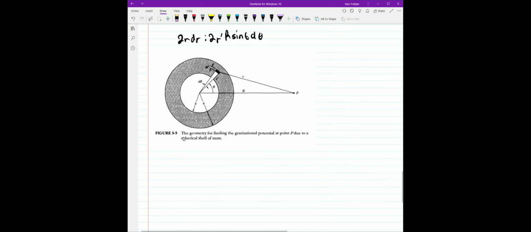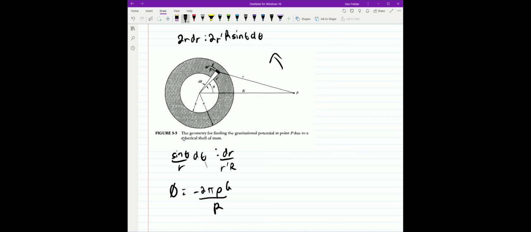So this tells us that sine theta over r d theta is equal to dr over r prime R from this equation. Then we can just plug it in, and we get phi is equal to negative 2 pi rho G. Remember, big R is a constant, the distance to the point you're measuring, because we're evaluating the potential at some arbitrary point P, a distance big R away.